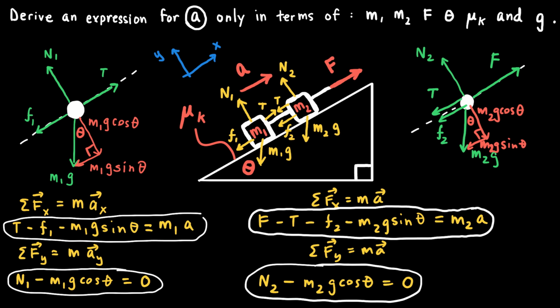And I have equations for the x and y direction for both blocks. So really, given any real physical scenario with numbers or you doing an experiment, you should be able to plug in these numbers and solve for any value that is related by any of these equations, whether it be the acceleration or the applied force or the frictional force. But the physics here really is done in writing those equations.